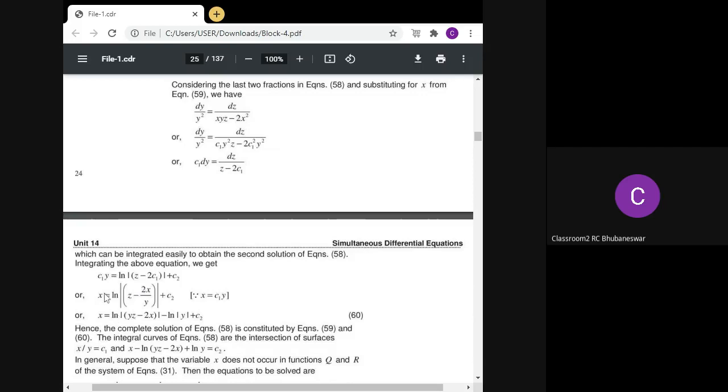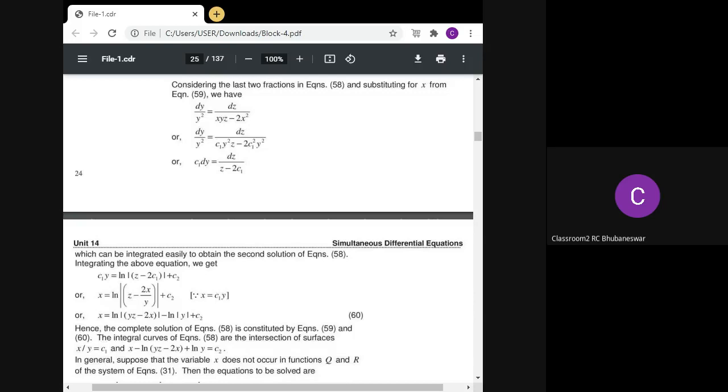Finally, because we have the relation x equals c1 y, we substitute back x in place of c1 y, and this relation gives us another curve. So we have two curves: x by y equals c1, from choosing the first two fractions, and after choosing the last two fractions, another curve is x minus ln of yz minus 2x, plus ln y, equals c2.